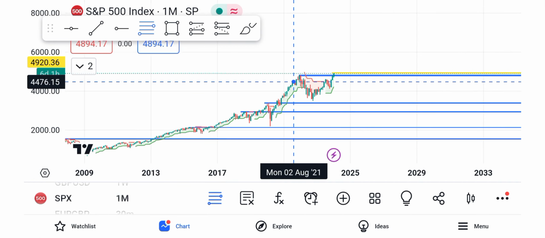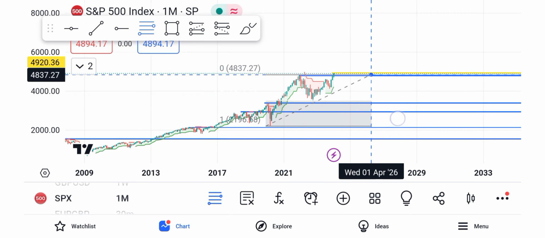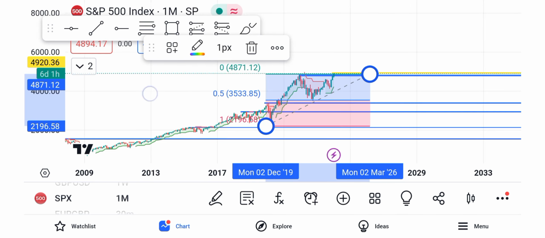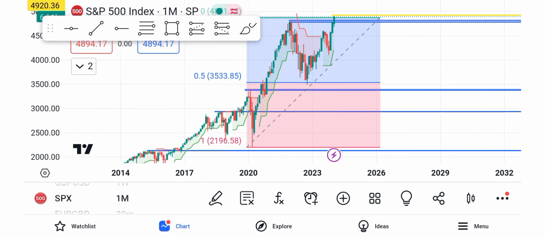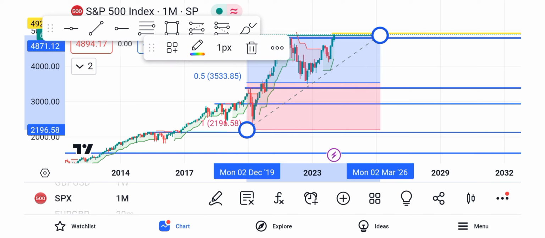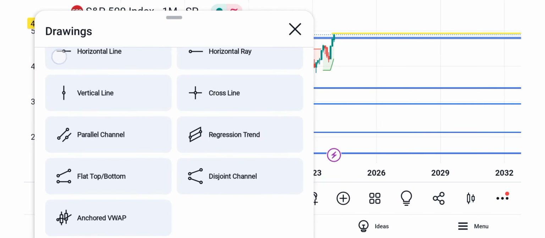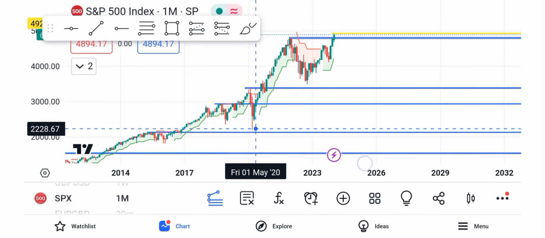Firstly, let's see if the 50% Fibonacci was respected. Let's start from here up to this level. Cool. I think I should just change the coloring of my Fibonacci. Beautiful. So we see that the price respected the 50% level. So that's valuable information, guys. Really valuable information. So let's look at the Fib extension tool and see what we could make out of this.